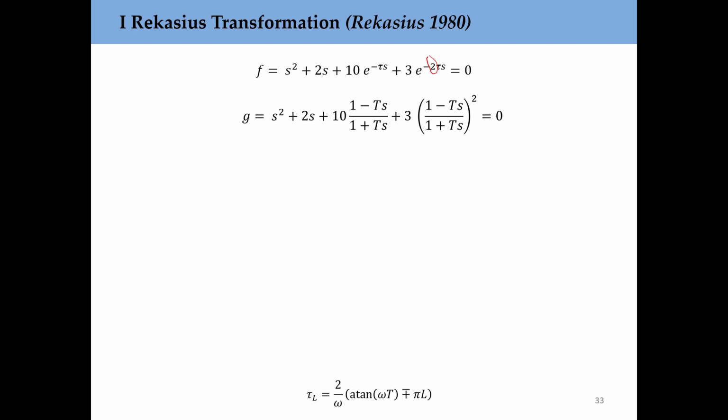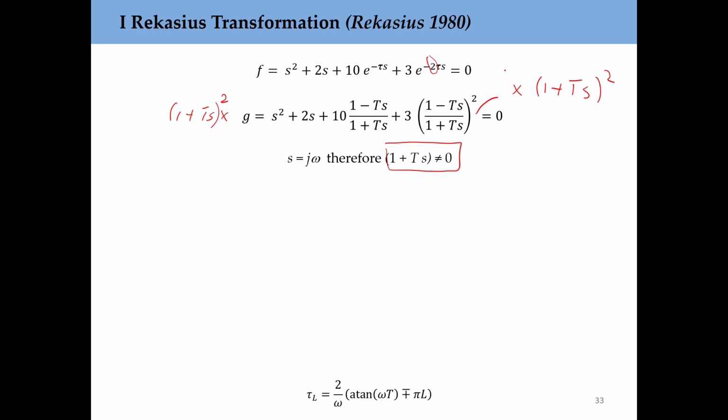And then we can expand this equation. We can multiply both sides by 1 plus ts squared on this side too. And this is okay to do because 1 plus ts will never be 0. So we are not introducing any artificial roots here.